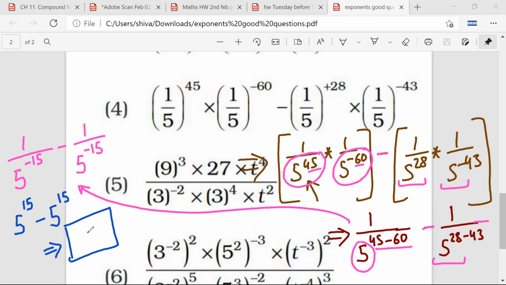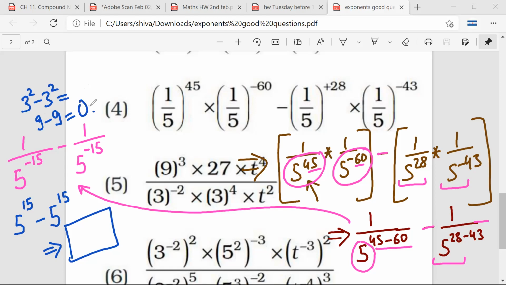What are you doing? 3 raised to power 2 minus 3 raised to power 2 would be equal to? 3 raised to 0, which is 1. Are you feeling sleepy? Okay, would it be 0 raised to power 2?